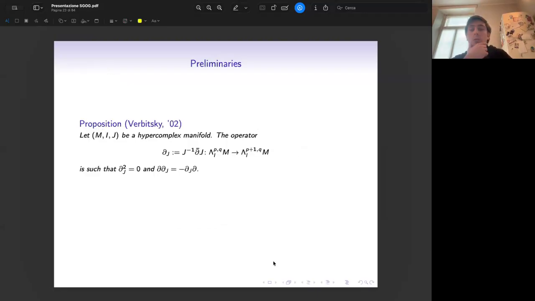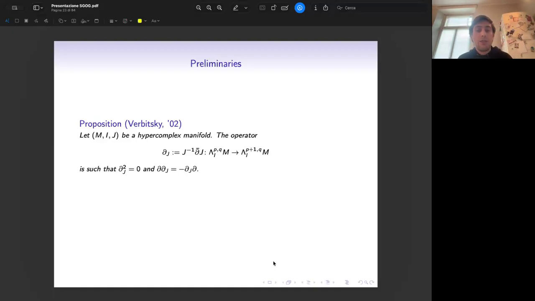Another feature that we have in this setting is this differential operator defined by Verbitsky, which is the del J, which is just defined taking the del bar operator with respect to I, and then twisting it with J, the second complex structure.